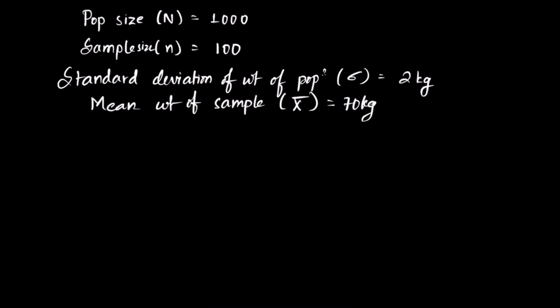Now what the surveyor wants to do is establish a confidence interval, basically an interval within which the actual mean of the weight of the population lies. He wants to create that confidence interval, and the confidence level is 90%.